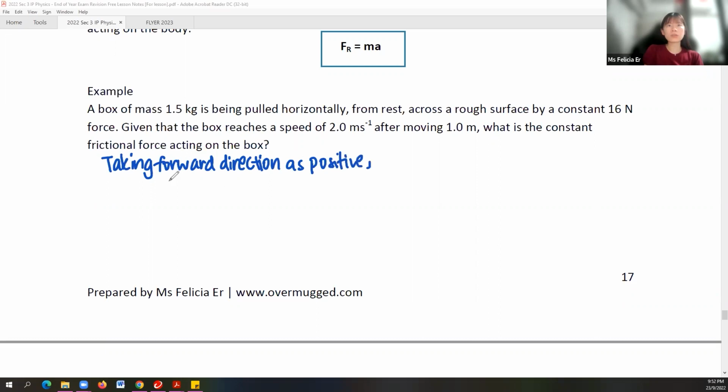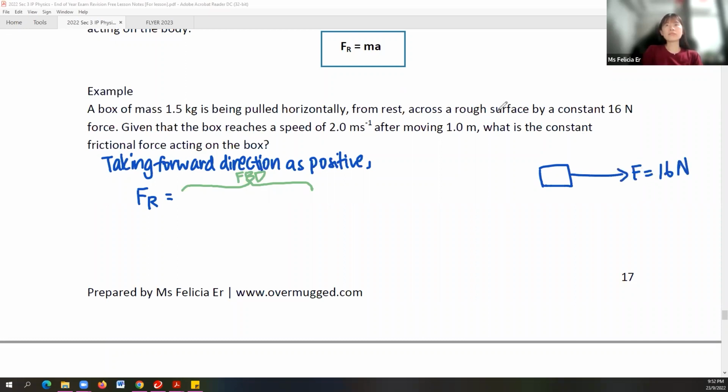The way to solve it is you use this template, which is FR. On the right side, you fill in based on the free body diagram, FBD. For this question, if we were to draw it, they push across a rough surface by a constant force of 16 Newton.